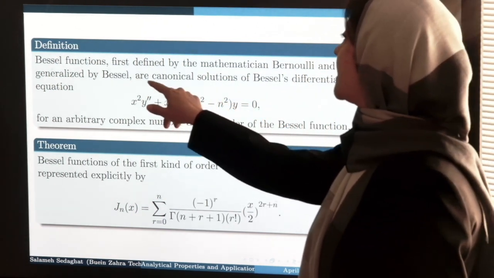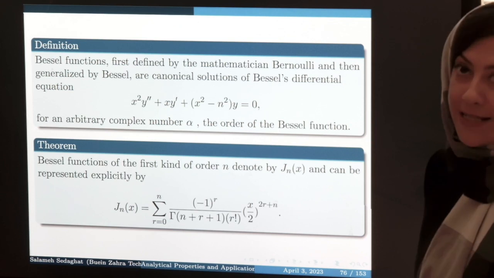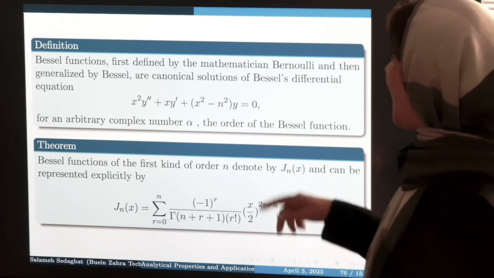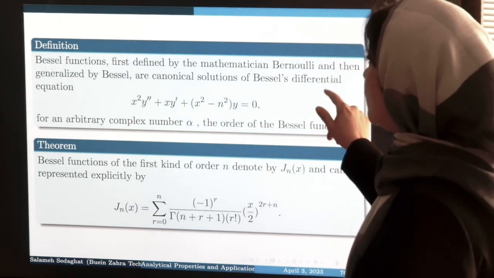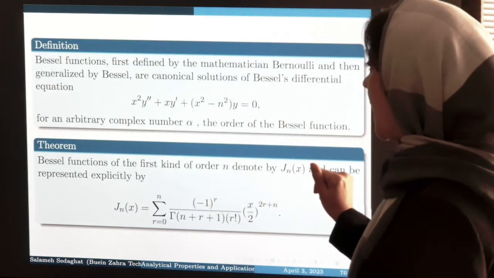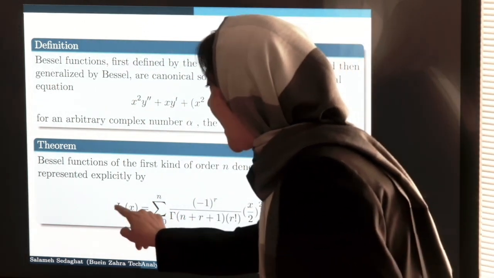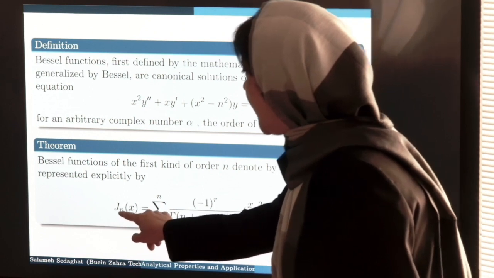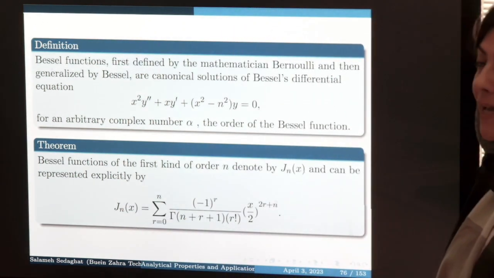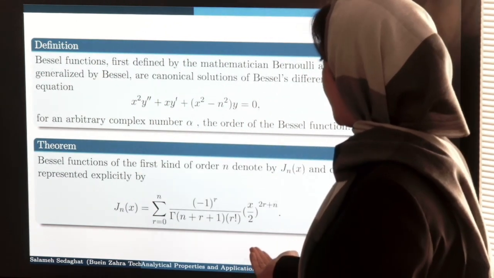Bessel functions, first defined by the mathematician Bernoulli and then generalized by Bessel, are the solution of these differential equations. The Bessel function of the first kind of order n, denoted by Jn of x, has this series expansion.